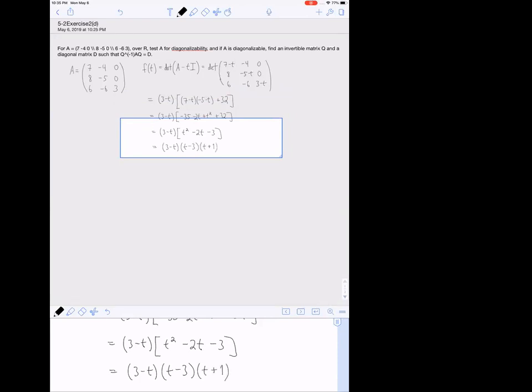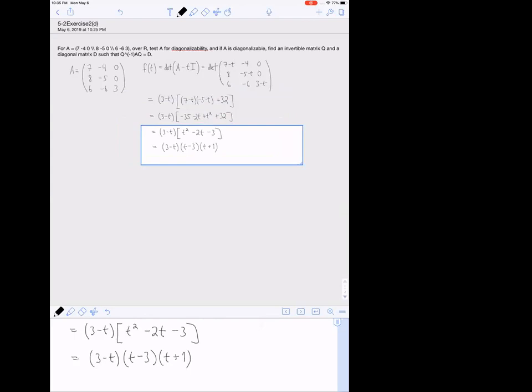Let's double check we did that right. I get minus 3 and plus 1 is a minus 2. Good. So I will rewrite this now in my preferred form for the polynomial. I want this 3 minus T and the T minus 3 to match. So I'll write it as minus 1 times T minus 3 squared times T plus 1.